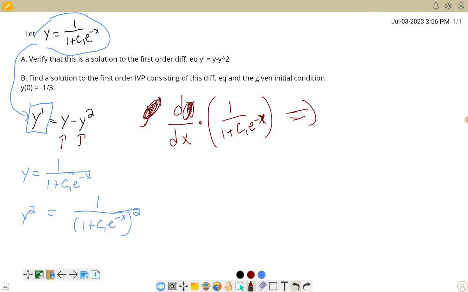We don't necessarily have to use the power rule. We could use another rule like the quotient rule as an example, but I'm going to prefer to change this so that it is really just 1 plus c1 e to the minus x taken to the negative 1 power.